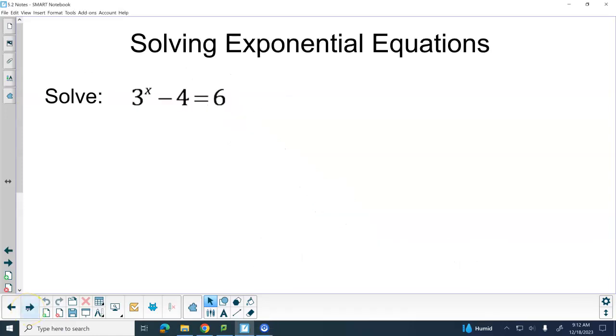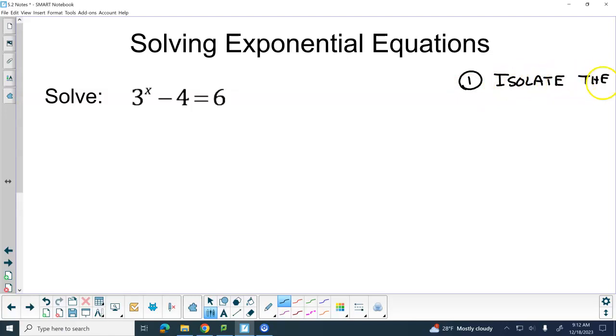Okay. So the very first thing that you need to do, if we're solving an exponential equation, is isolate the exponent term. The term with the exponent on it, you need to get all by itself on one side of your equation.